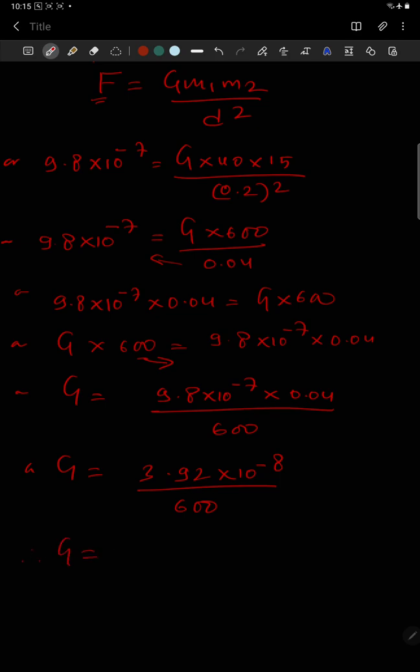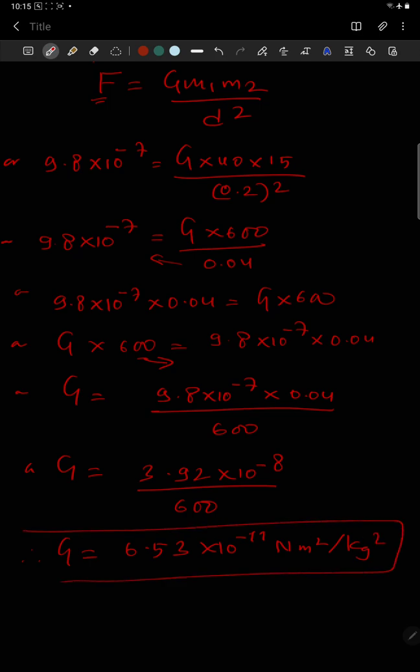Now when you divide by 600, the answer comes 6.53 into 10 to the power minus 11, which is almost equivalent to the real value of G, and the unit of capital G is Newton square meter per square kg. So this is our answer.